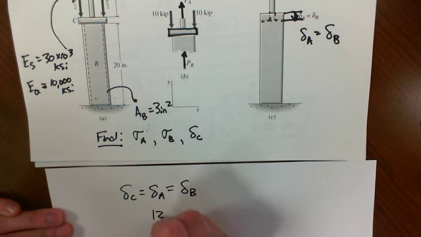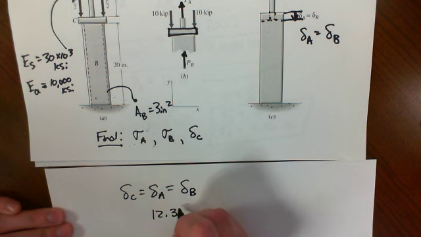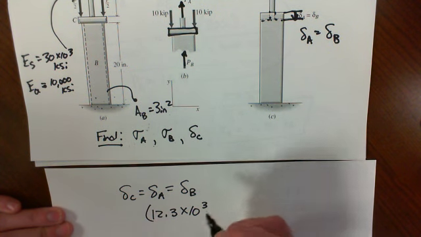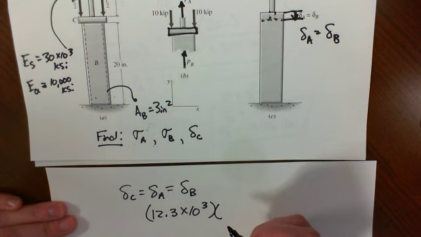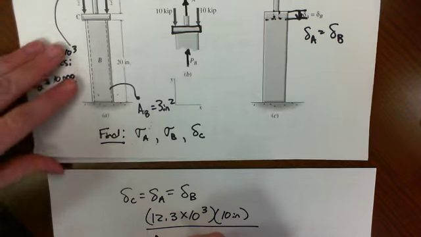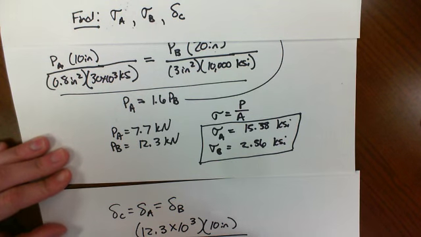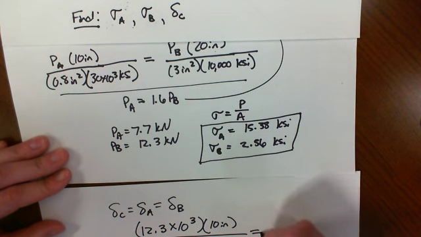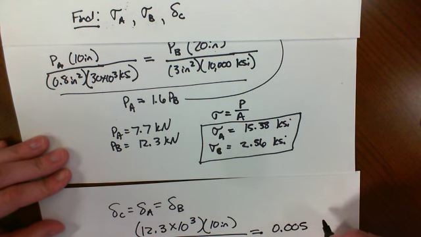So we have 12.3 times 10 to the third, which is my load, times 10 inches, which is my length, and then my area, 0.8 inches squared, and my E, 30 times 10 to the 6th PSI. So I can solve for that total deformation, which is 0.005 inches.